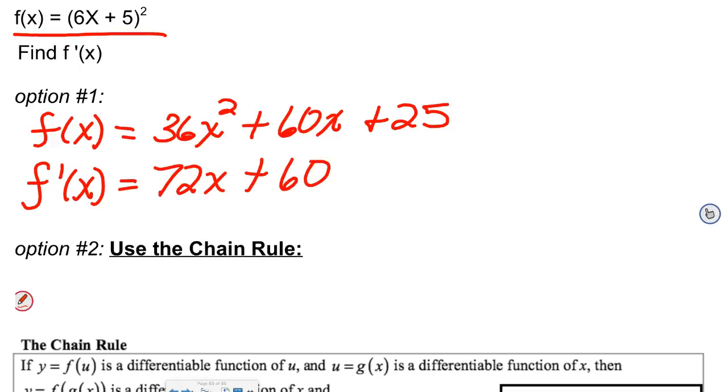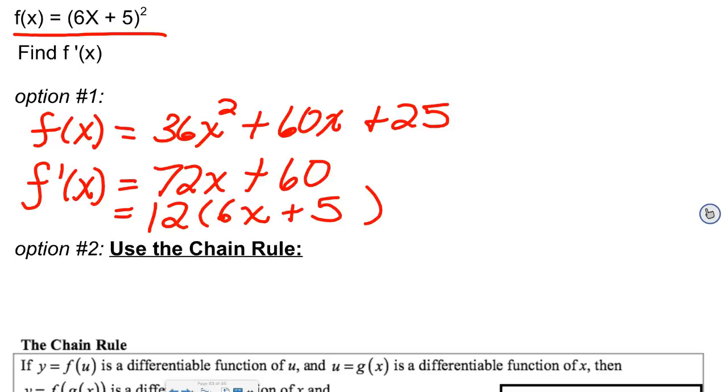The constant will go to 0. I may or may not notice that this factors, but let's factor it so you can see. The beauty of the chain rule is it gives you the answer factored, which is nice. This has actually got a 12 embedded in both terms. It would be a 6x plus 5. Now, that was all fine and dandy, and I think every 100% of you could do that correctly.